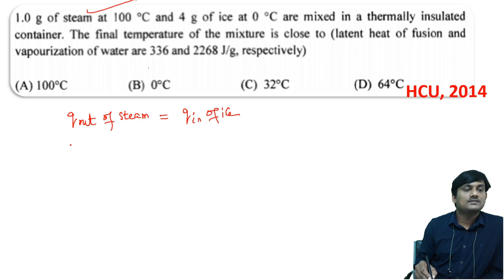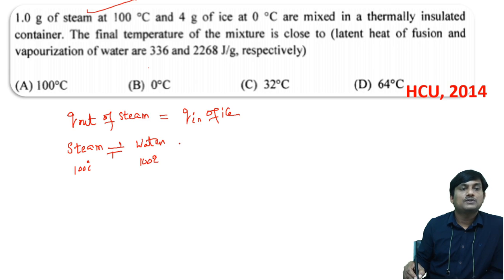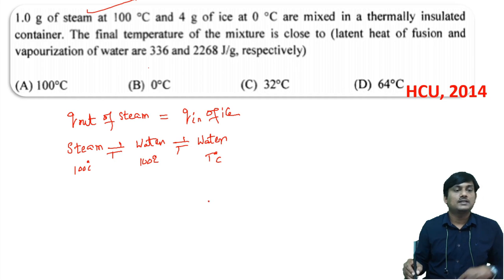Suppose you take steam at 100 degrees centigrade. This first converts into water at 100 degrees centigrade, and this one converts into water at some T degree centigrade.